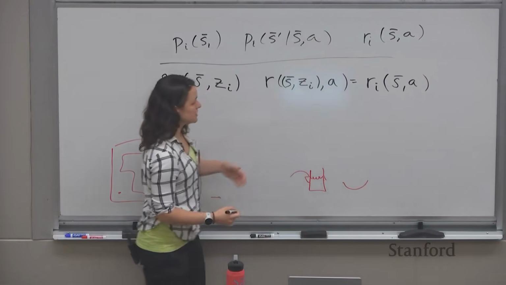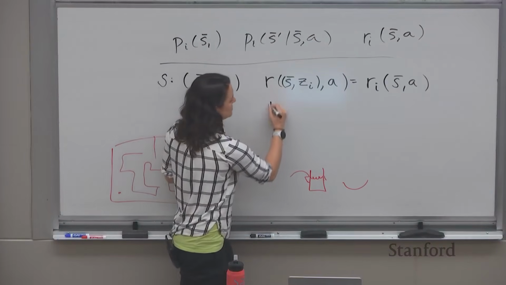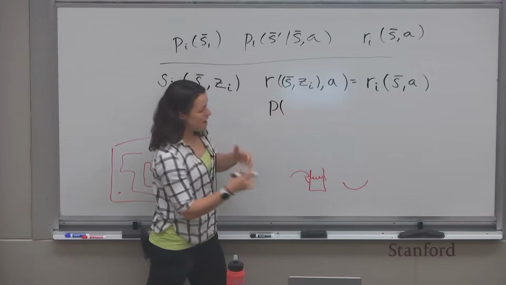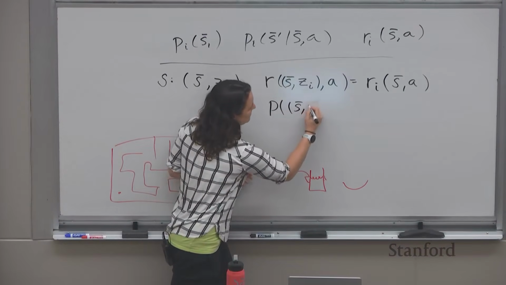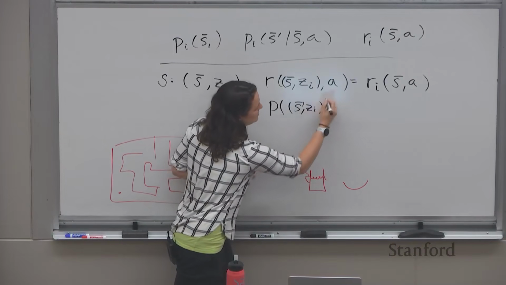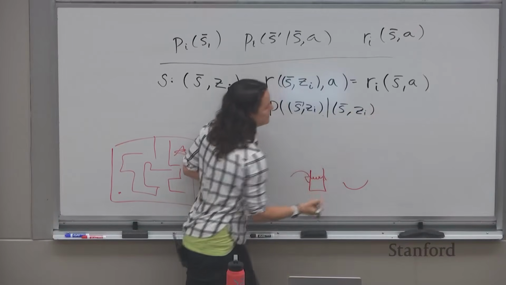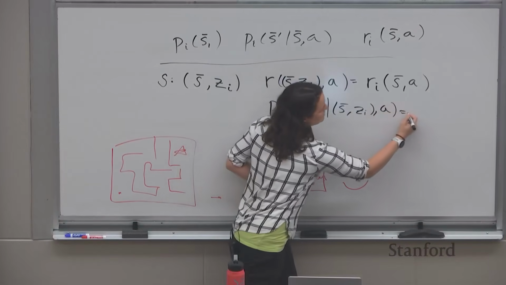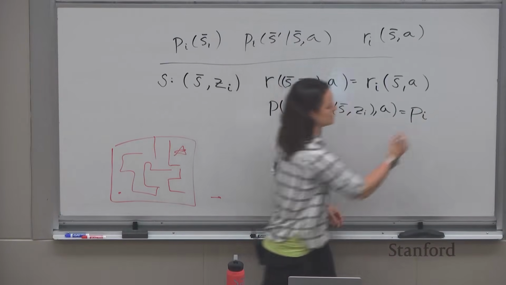And similarly, you can write something out for the dynamics as well, where the aggregated MDP for a given task, S prime given S bar, Zi, comma A, is equal to the dynamics for that task.